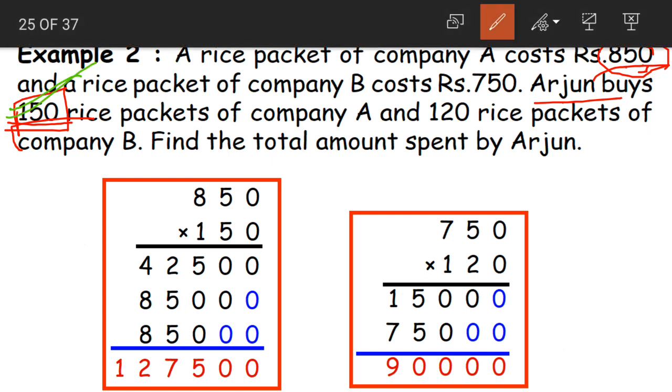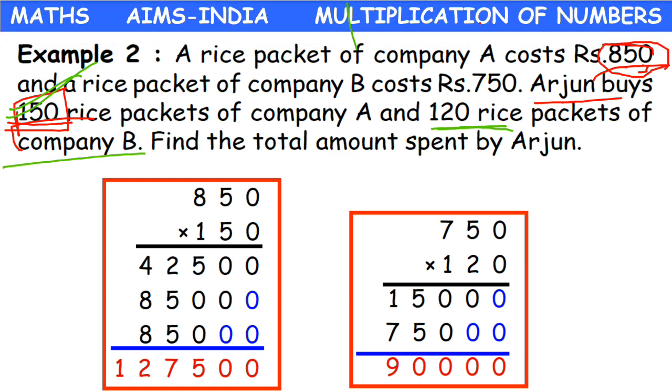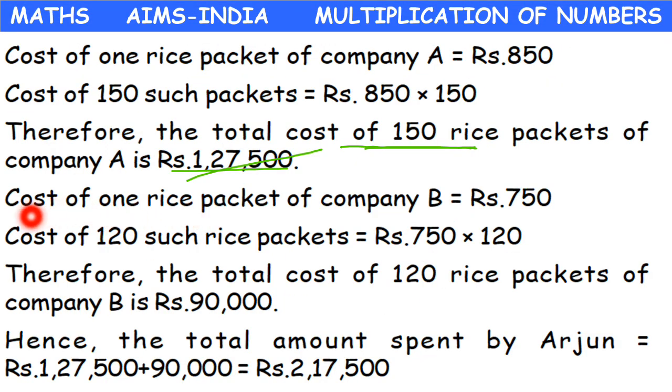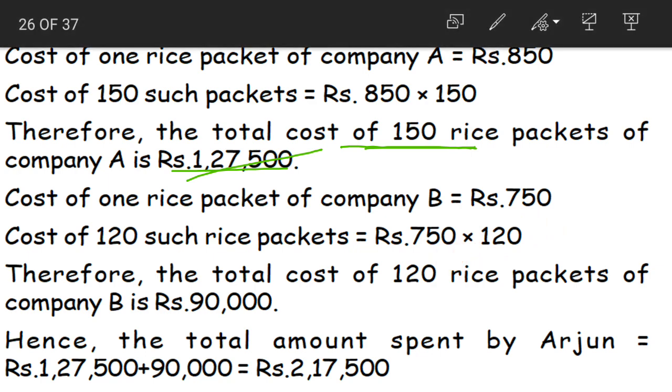150 rice packets. Now with this, are we done with the problem? No. Why? Because Arjun also bought some 120 rice packets of company B. So the cost of one rice packet of company B is 750 rupees. So the cost of 120 such rice packets becomes rupees 750 into 120.